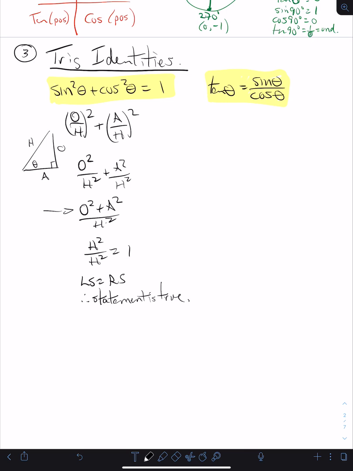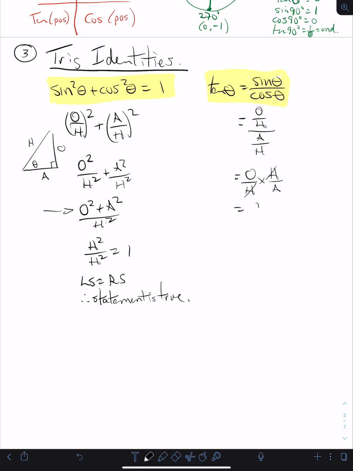Okay, tangent, same kind of deal. What I could do here is work on the right-hand side. Why? Because it looks more complicated. Same deal here. Sine theta is equal to opposite over hypotenuse. Cosine is adjacent over hypotenuse, which is equal to opposite over hypotenuse times hypotenuse over adjacent.